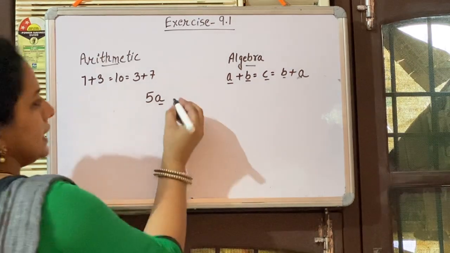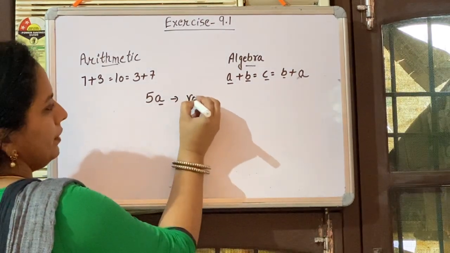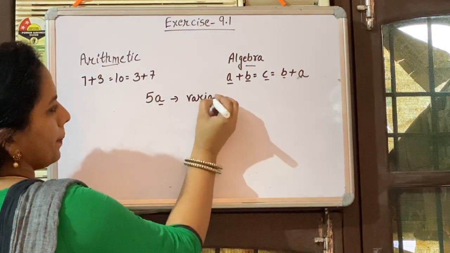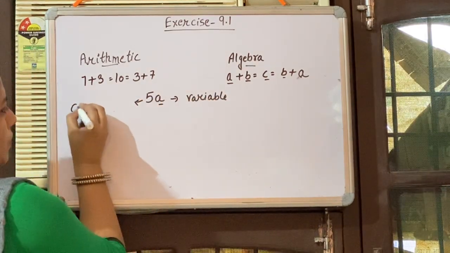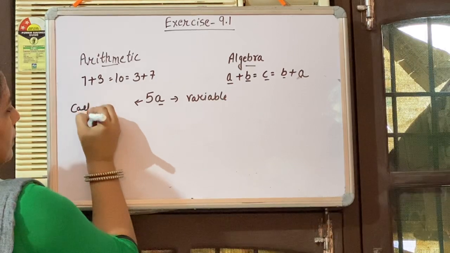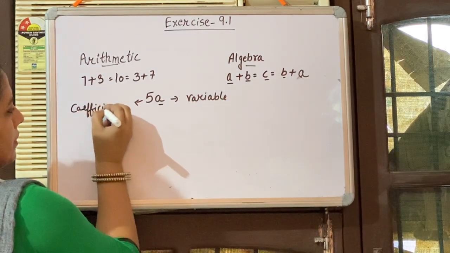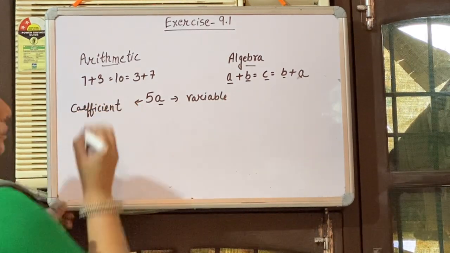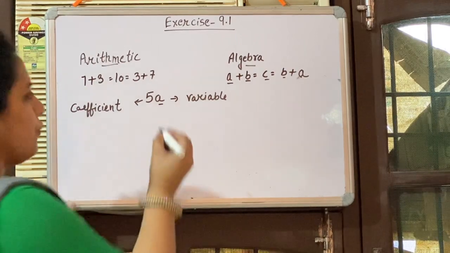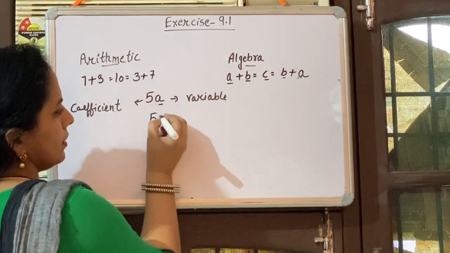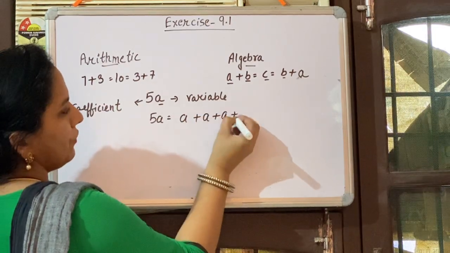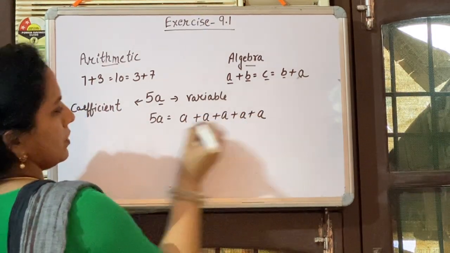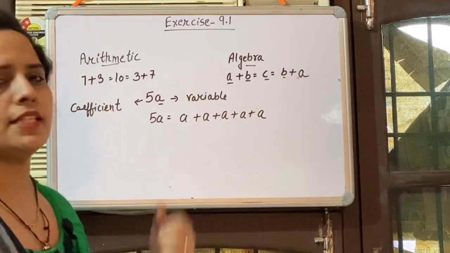That means this is a variable and this number is coefficient. And 5a means a up to 5 times. So 5a represent this number.